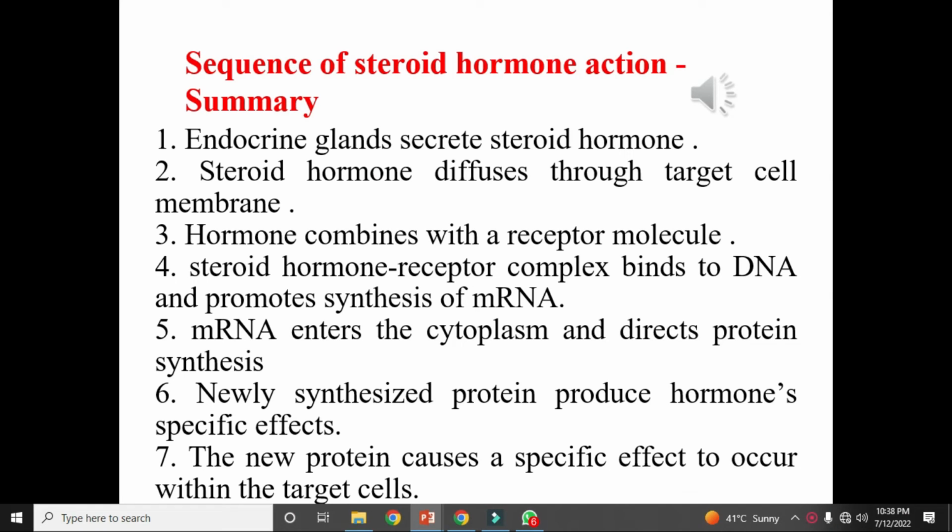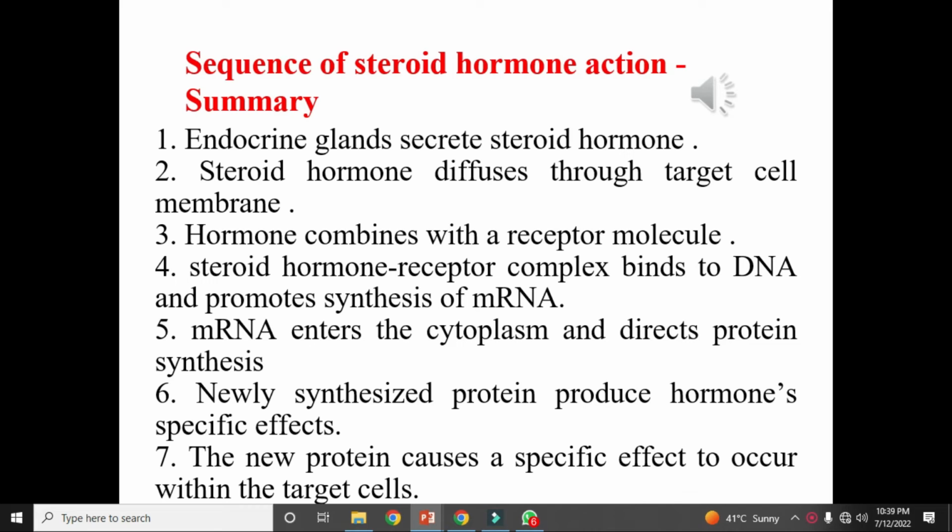This is the sequence of steroid hormone action. It's a summary. First of all, the endocrine gland secretes steroid hormone. Steroid hormone diffuses through the target cell membrane. Hormone combines with the receptor molecule which is already present. The receptor is specific and is already present inside the cytoplasm. Steroid hormone receptor complex enters the nucleus, binds to DNA and promotes synthesis of messenger RNA.